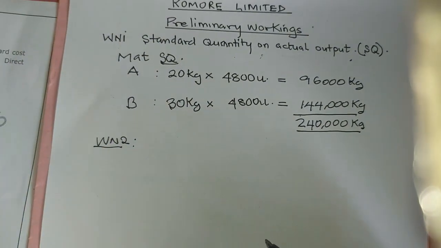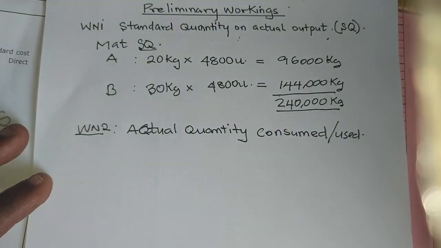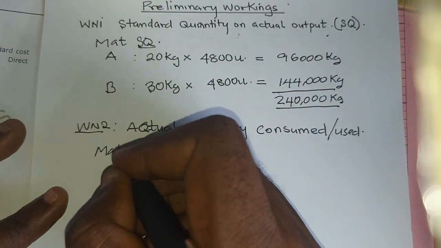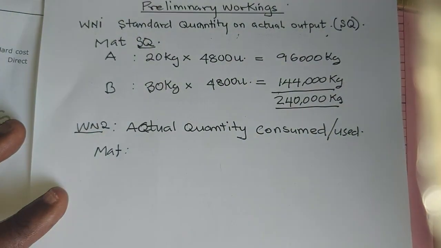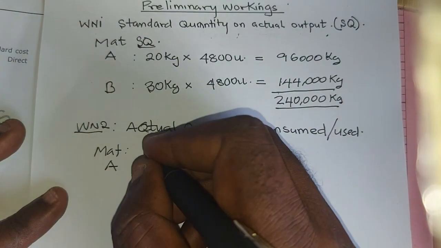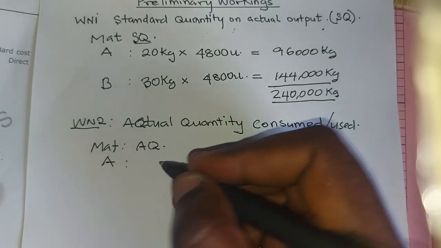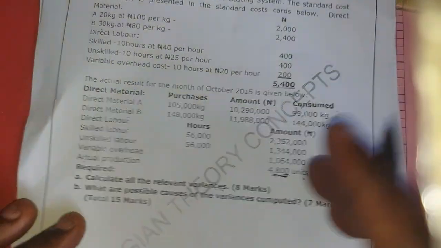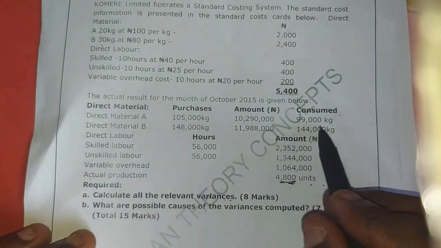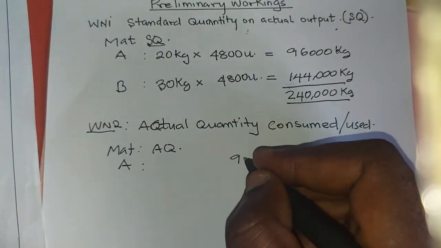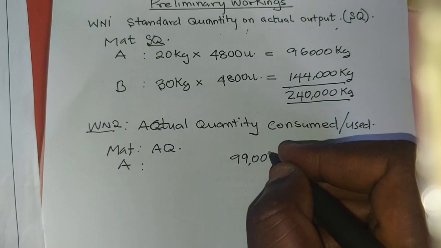Then secondly, we have working note 2, which is on actual quantity used. Material A, what is our actual quantity? For A, you check your actual results. This is the actual quantity consumed, which is 99,000 kilograms.